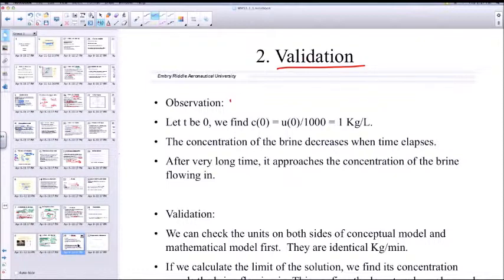So first, what you observed. You observed in the beginning, the density is 1 kilogram per liter, and then if you let t equal 0, you are supposed to get 1,000 kilograms of salt. Hence, the concentration is precisely 1 kilogram per liter.